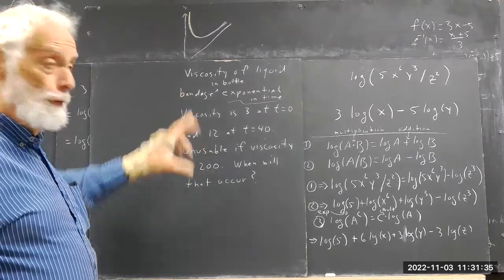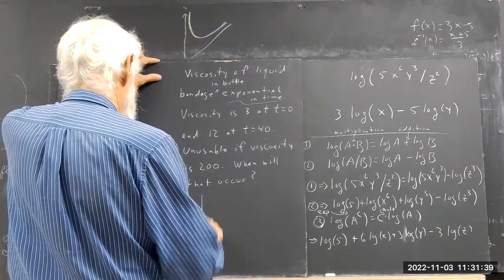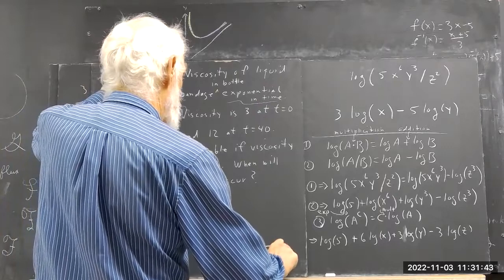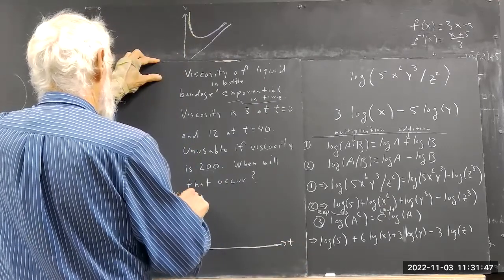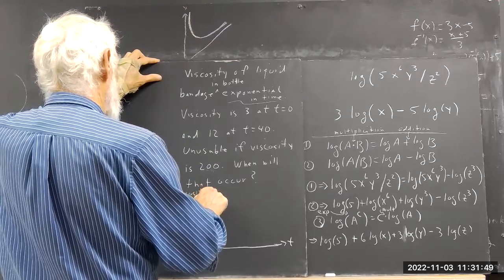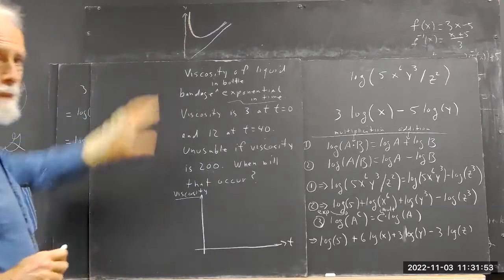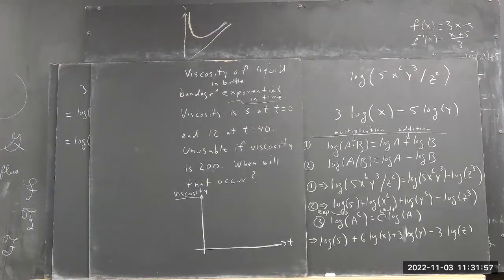Can you put this information on a graph of viscosity versus time? The information I've given you gives you 2 points on this graph.